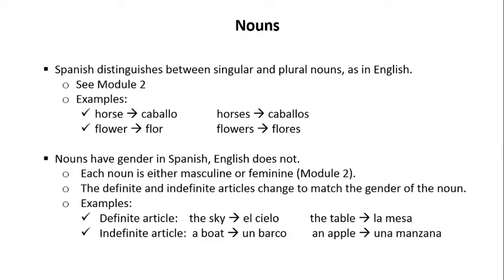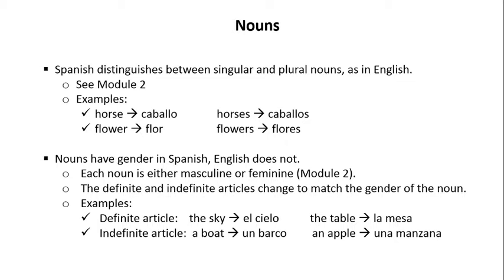Now, regarding nouns, Spanish distinguishes between singular and plural nouns, as we do in English. Please see Module 2 for details. Now, as examples, we take the word horse, which in Spanish is caballo, and then we make it plural: horses is caballos.